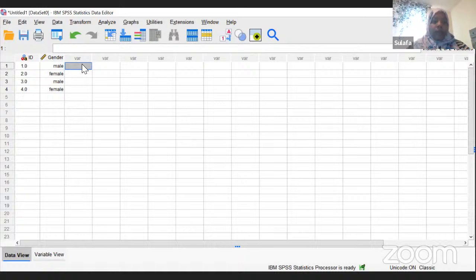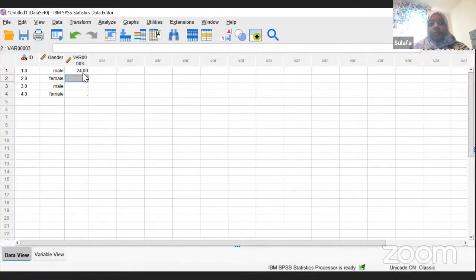So for example, for this guy, his BMI is 24. Don't judge me. I will put different categories for the BMI: 24, 29, 34, and 39.